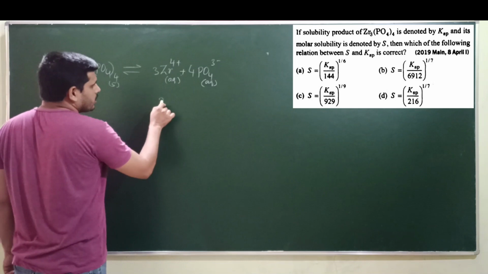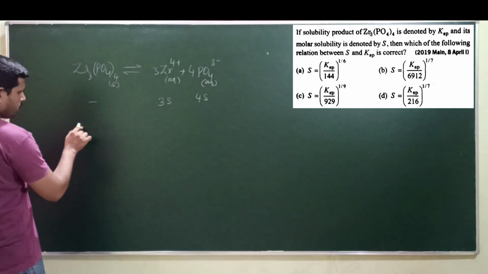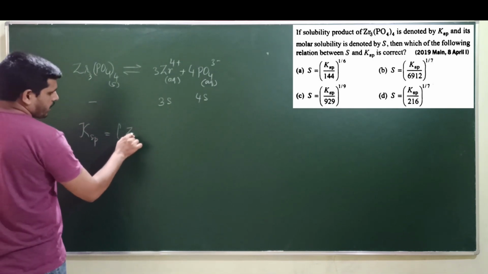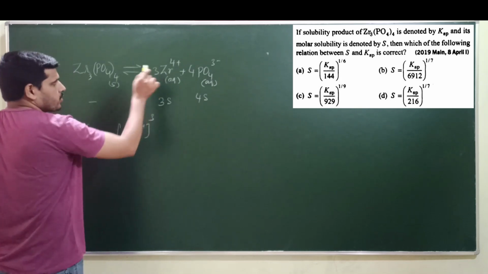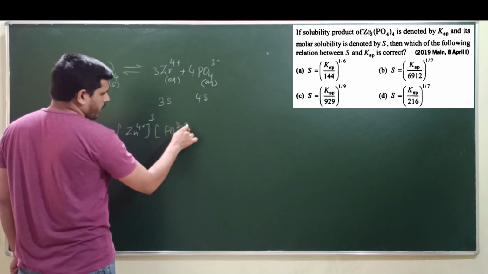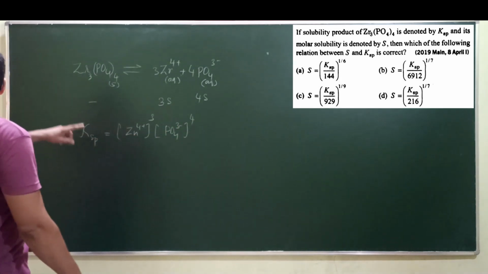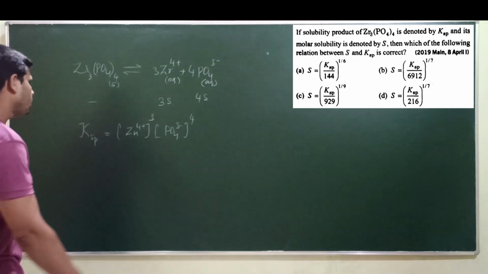Next, here it is 3S and here it is 4S. Now we know what the solubility product is, right? KSP, the solubility product, equals the concentration of zirconium ion raised to the power 3 because the stoichiometric coefficient is 3, then phosphate ion PO4 3 minus, its power is 4. Am I right? Yes, the denominator term is not there because it's a solid, so its concentration is constant.